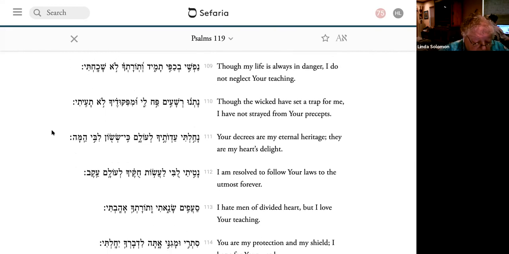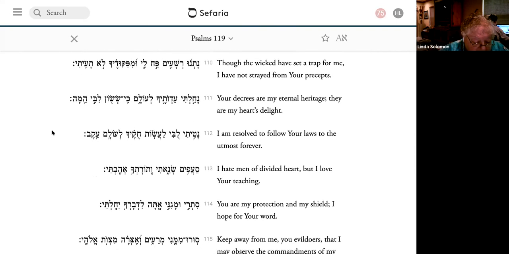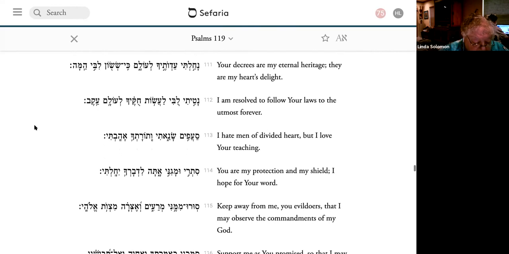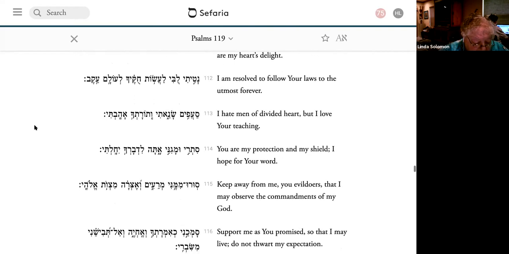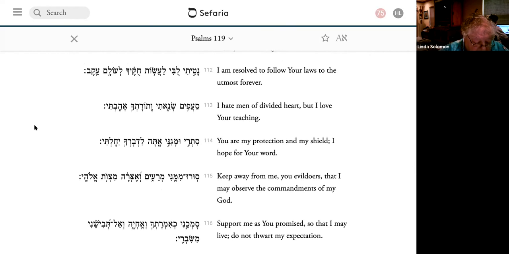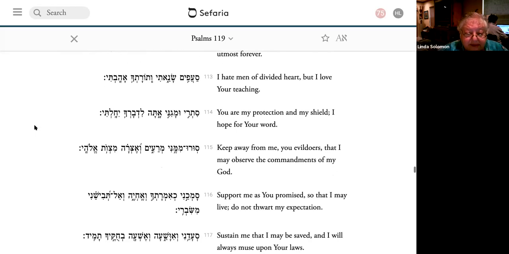Now my life is always in my hand, yet I shall not forget your Torah. Nefarious people have set a trap for me, but I shall not stray from your precepts. Nurturing the heritage of your eternal testimonies, I find in them the joy of my heart. A noble heart, inclined to perform your statutes forever at every step.